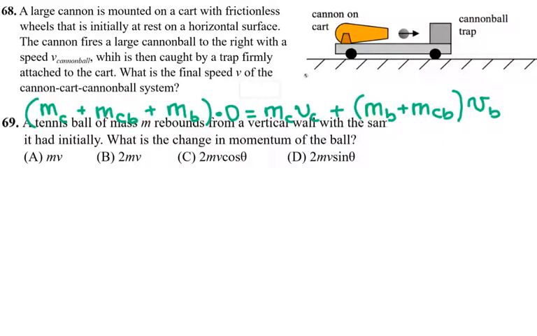So I also could say that, yes, it is very tricky, I also could say that all of them together afterwards, so the mass of the cannon, the block, and the cannonball together, because the cannon is mounted and the block is mounted. The only part that was moving is the cannonball.